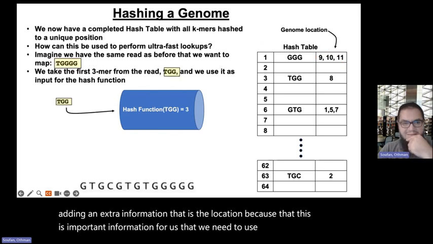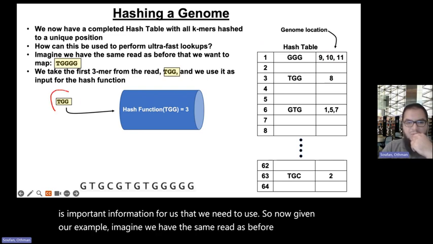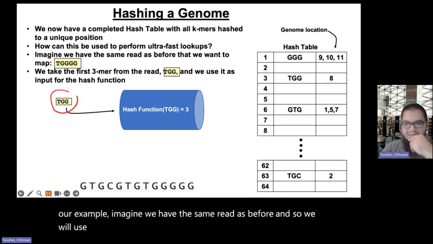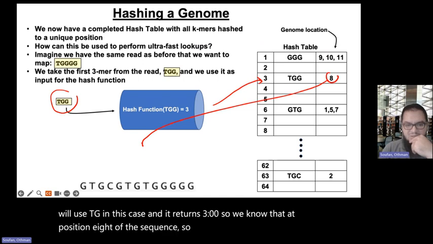So now, given our example, imagine we have the same read as before, and so we will use TGG in this case, and it returns 3. So we know that at position 8 of the sequence, so we count here 0, 1, 2, 3, 4, 5, 6, 7, 8.